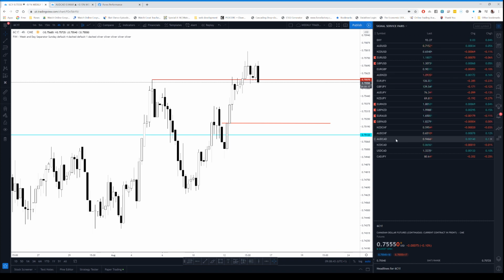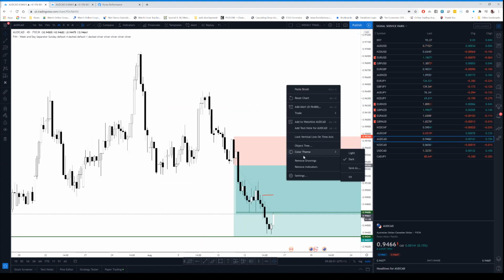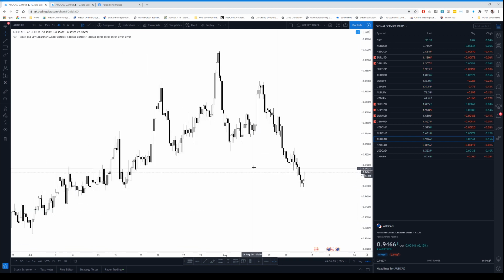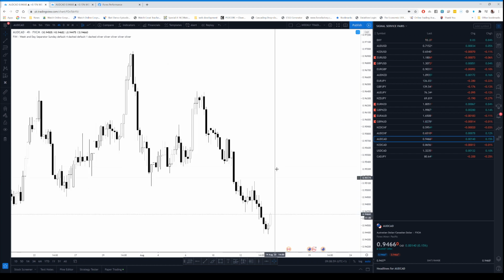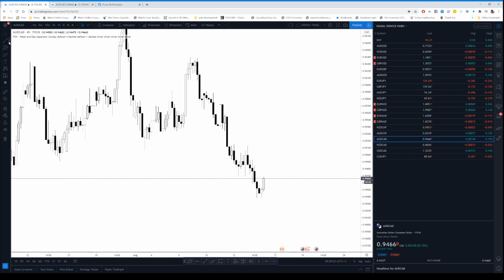Okay, so let's bring ourselves back to Aussie CAD. I should move all this business. I think we will get not terribly pushed up, but there will be some form of a retracement. We are still inside the 4-hour range. Yeah, we are still inside the 4-hour range.